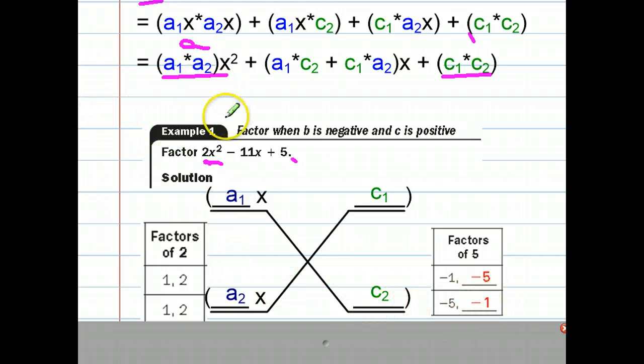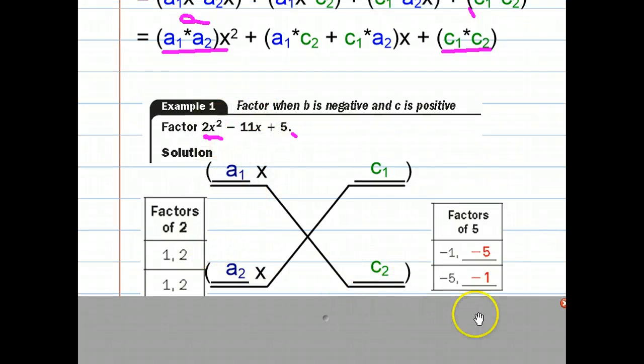Well, which combination will give me the negative 11? I know that 1 times 2 will give me 2, and I know that negative 1 and negative 5 will give me positive 5, but which combination will give me a negative 11?